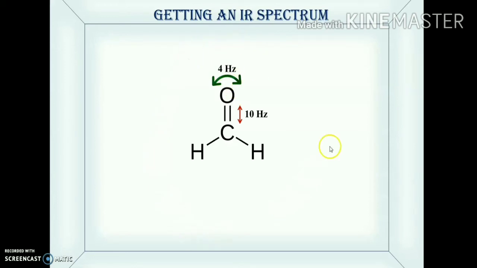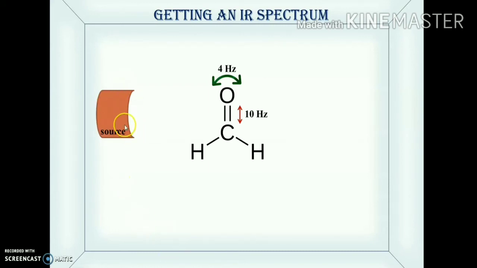Now this molecule has been put into the sample holder of the IR spectrometer. If you remember, in the previous videos we learned about the basic instrumentation of all the spectroscopic techniques, or the spectrometers. In that instrumentation, the first part is the source of light. So here the sample is in the sample holder and I turn on the source of light.